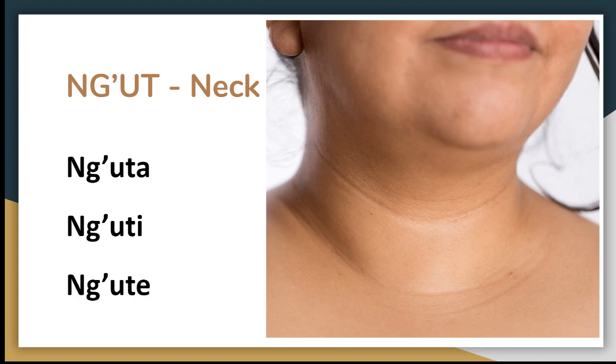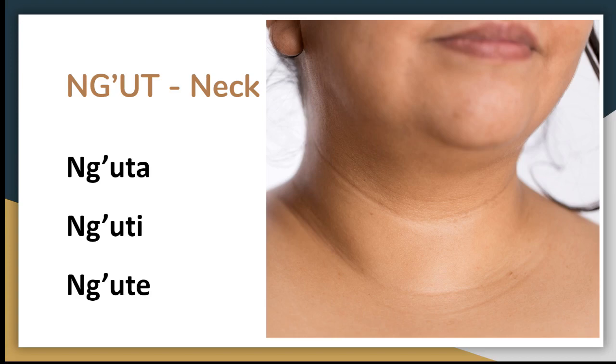Ngut. And I noticed that especially non-Luo speakers, those who are non-native speakers, struggle to get the apostrophe. So practice the ngu, ngu, ngu every day until you finally get it. Nguta. Nguti.